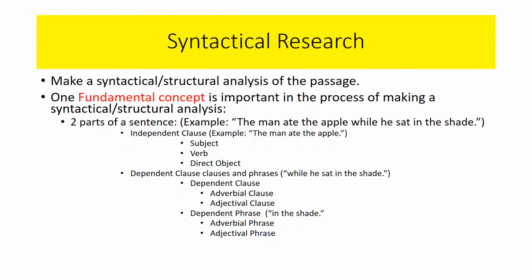So in summary again, syntactically, sentences have two parts. They can have an independent clause and a dependent clause. The independent clause stands alone. The dependent clauses are subordinating. You can have dependent clauses or dependent phrases, and each one can be either adverbial or adjectival.